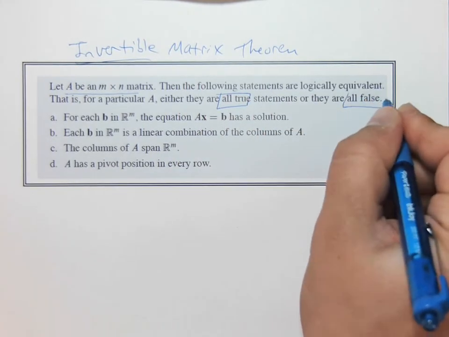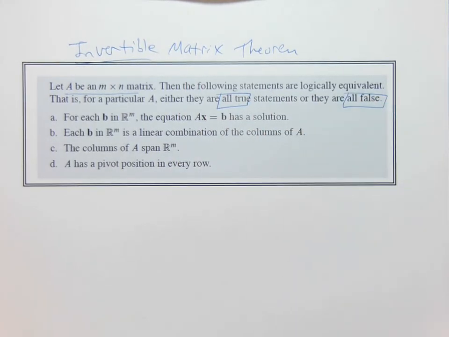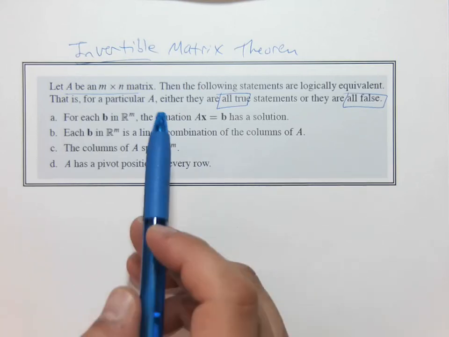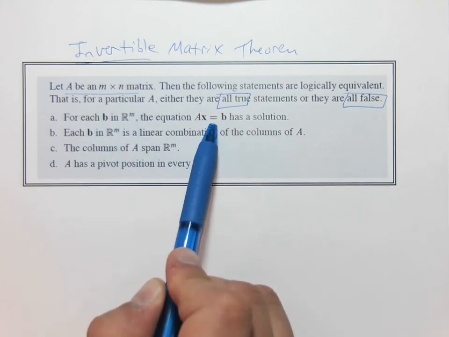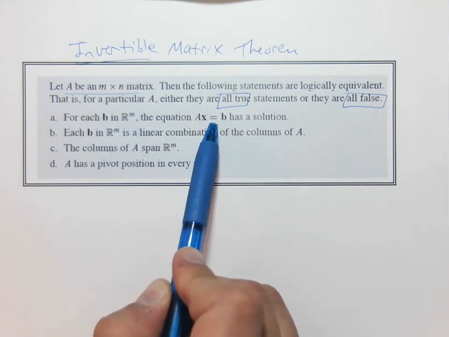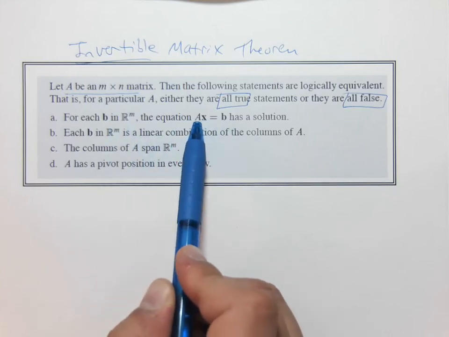Okay? So this theorem gets applied a lot in lots of future sections, and it shows how all the things we're learning about in linear algebra are intimately connected. So the first thing says, if we have some b in Rm, then the equation Ax equals b has a solution. Okay, so that's going to be either true or false.